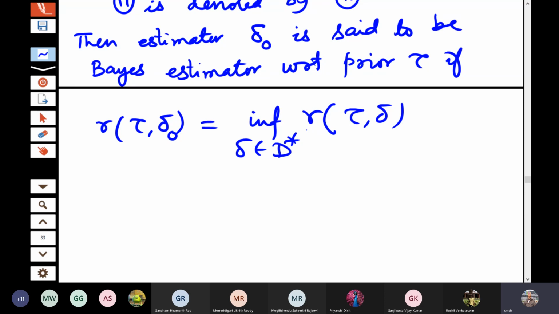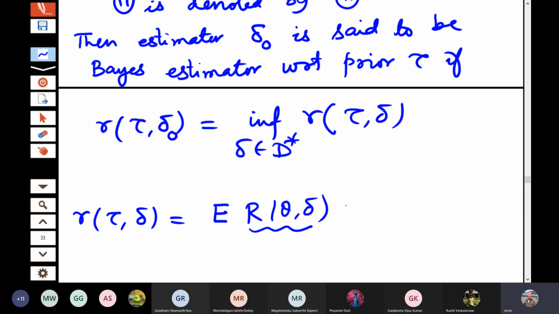So if you look at it from the point of view of calculation, how will you calculate? R tau delta. This itself is an expectation. So you are writing it as expectation of R theta delta, and this itself is an expectation. So this is expectation of expectation of L theta delta x.